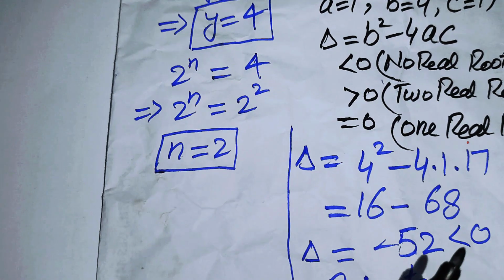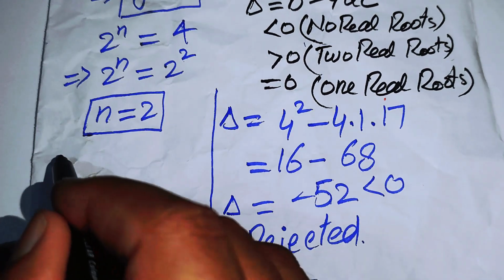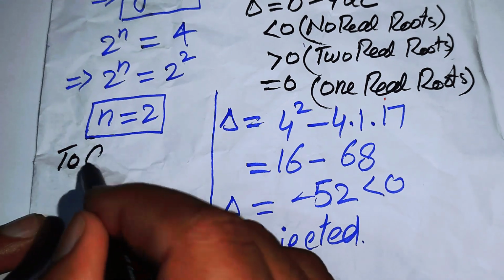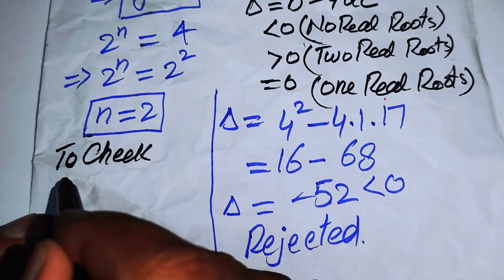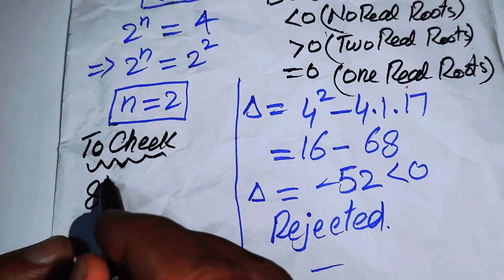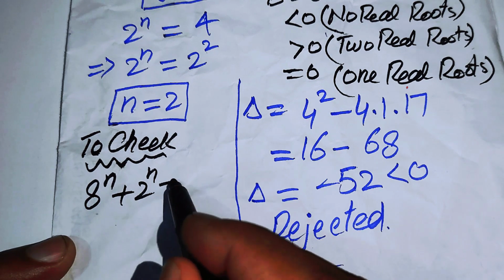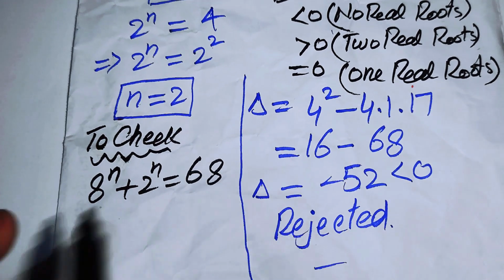And now I can check whether this root satisfies the given question or not. So in order to check, I can write the statement again: 8 to the power of n plus 2 to the power of n is equal to 68.